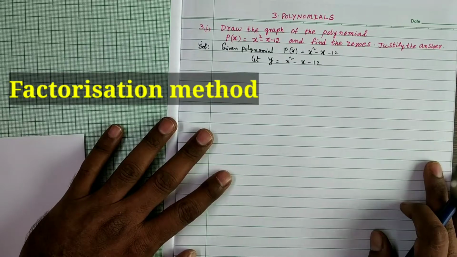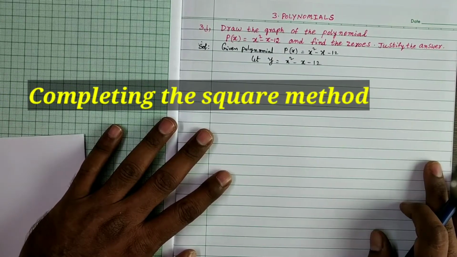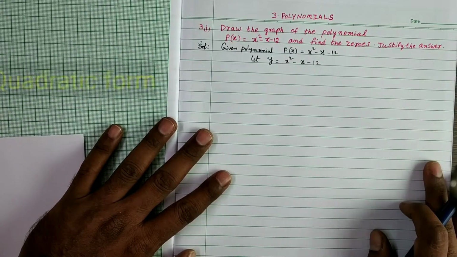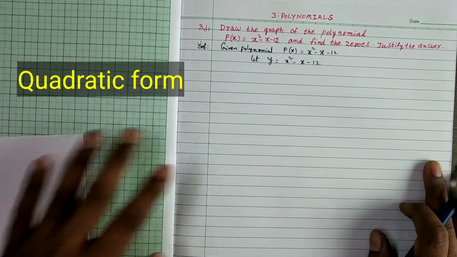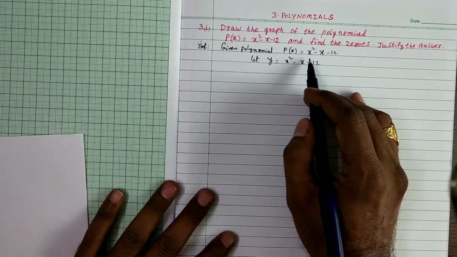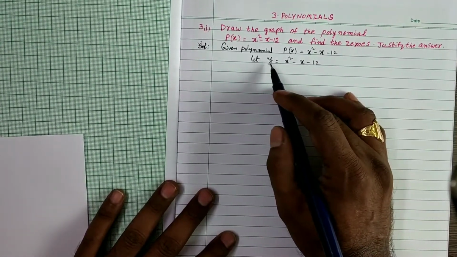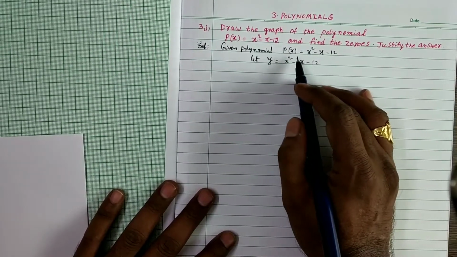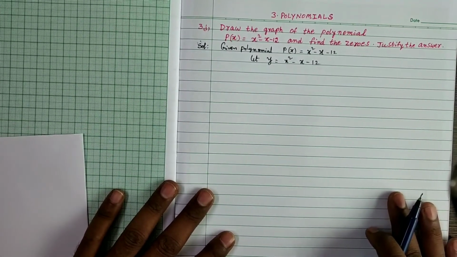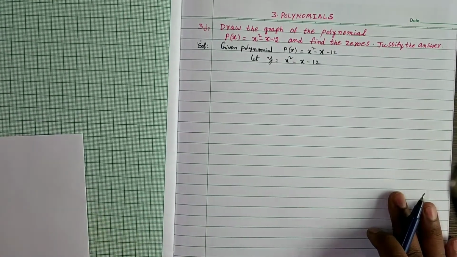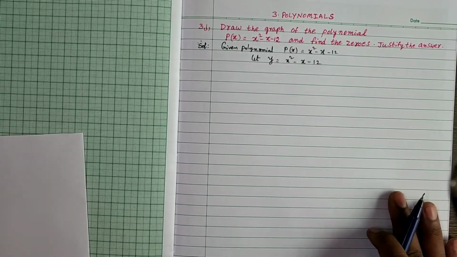Factorization method, second one completing the square method, third one quadratic formula. Why? This is a quadratic polynomial. So, suppose let y is equal to 0, this equation will be a quadratic equation. So, by using the quadratic formula also we can find.